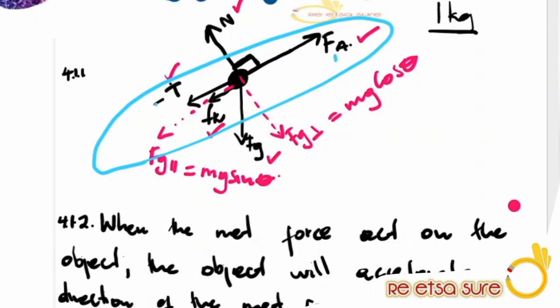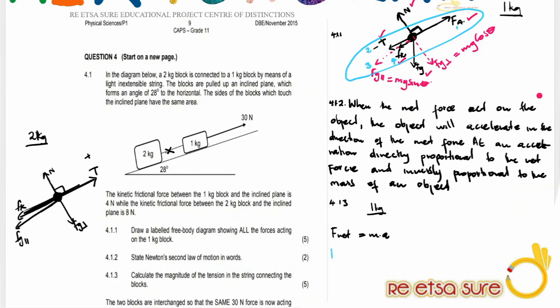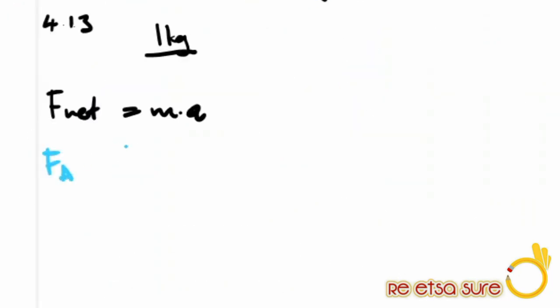It's 1, 2, 3, 4. So I'm going to have F applied minus FG parallel minus FK minus tension is equal to MA.